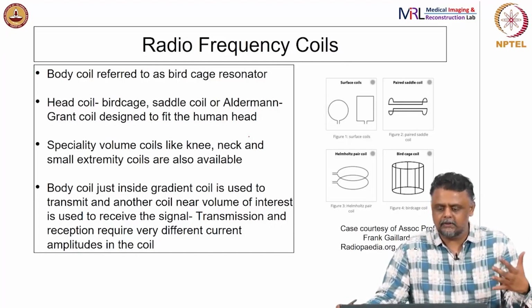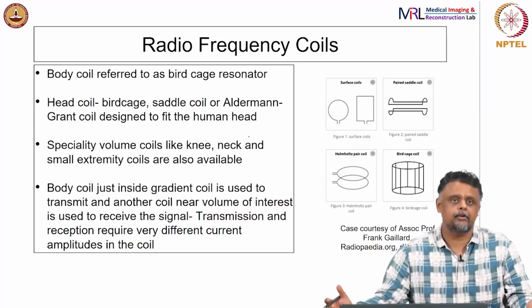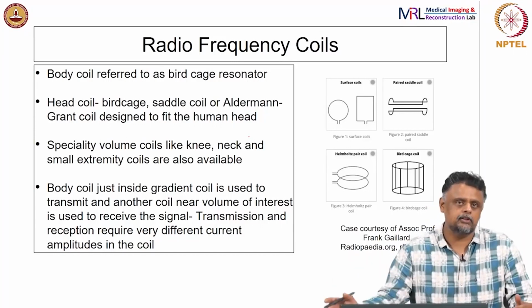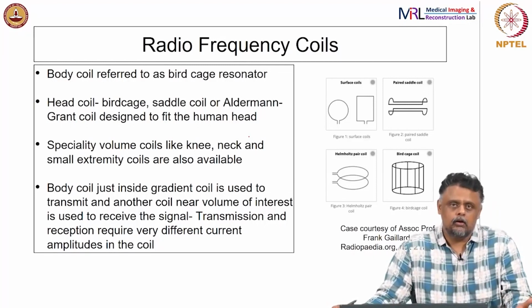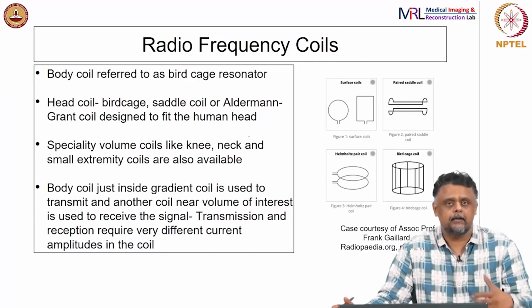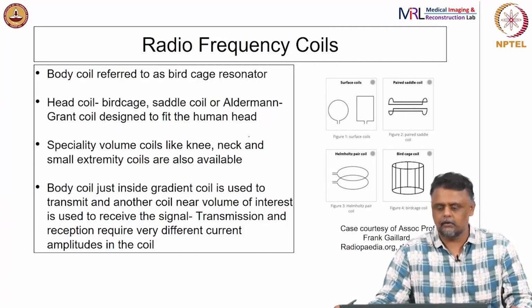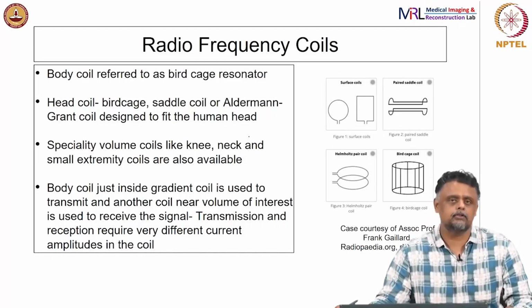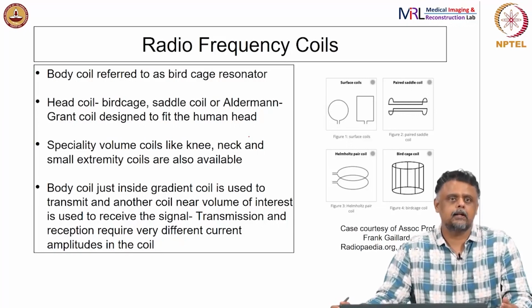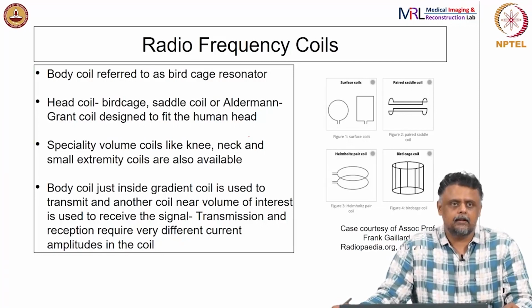But just for understanding, these RF coils can surround the patient or can be just in close proximity to the patient, and they can be used for both transmitting and receiving RF. The transmitted RF is what causes the spin precession, and the induced currents are measured by the receive coils, right. So, again there are surface and volume coils like I said earlier, right.